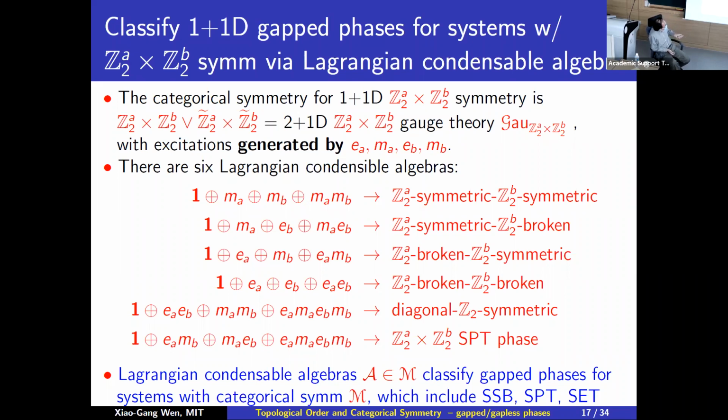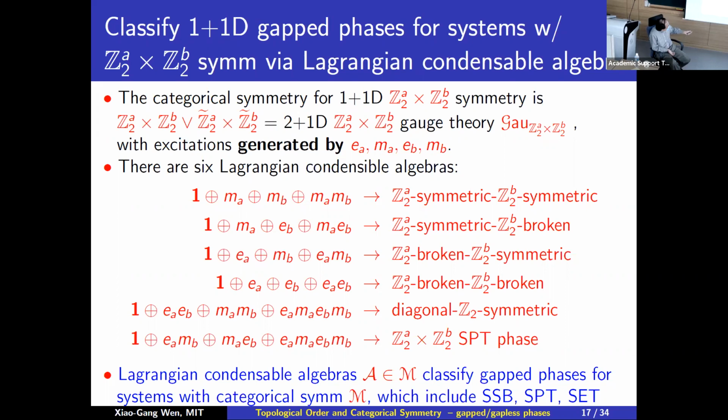And in this one, it's hard to say you break any symmetry. You want to say EA condenses, but it condenses only combined with MB, so they don't condense by themselves. Therefore, Z2A is not broken, and Z2B is not broken. But there is some condensation.